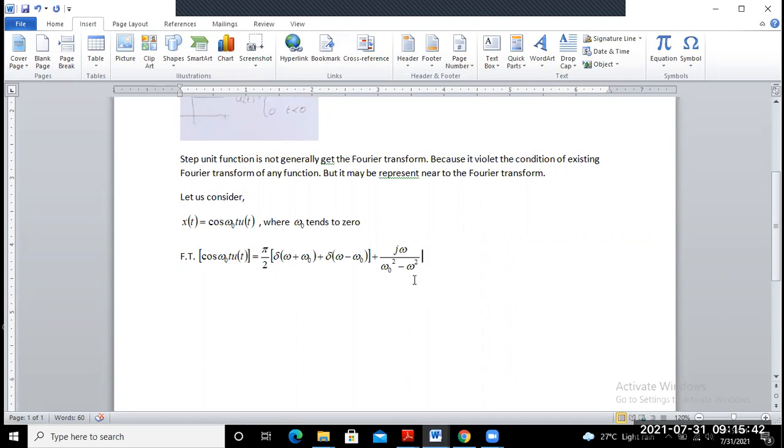If you require in future the Fourier transform of sine omega naught t u(t), then just write it here.